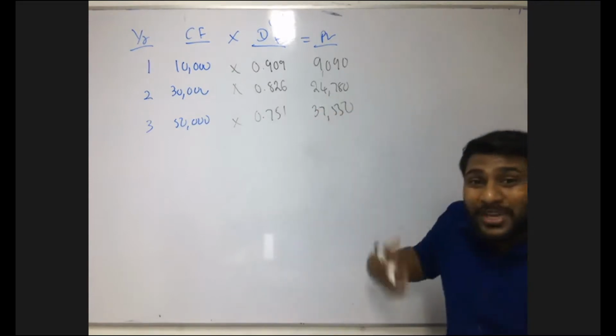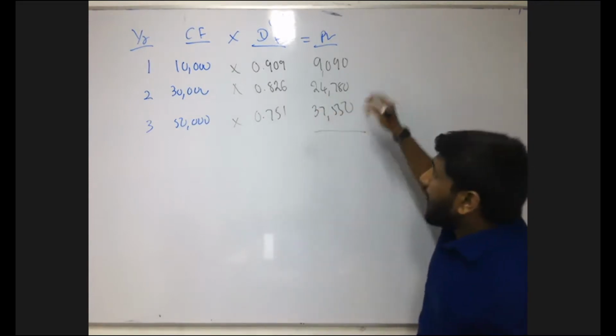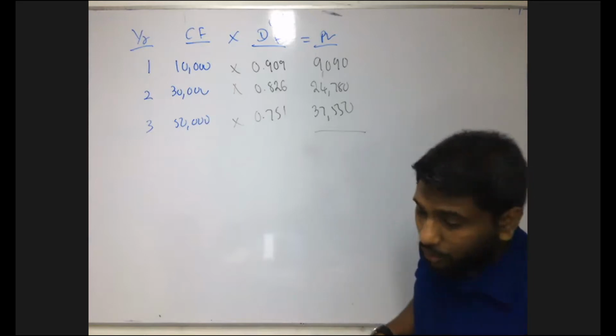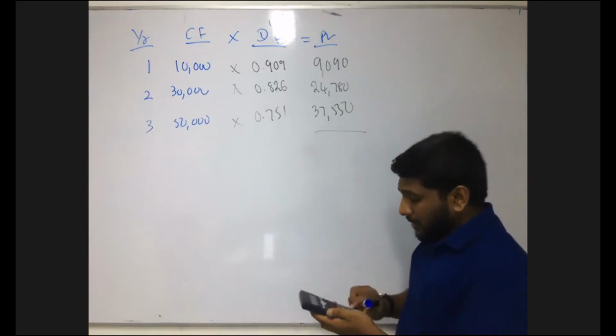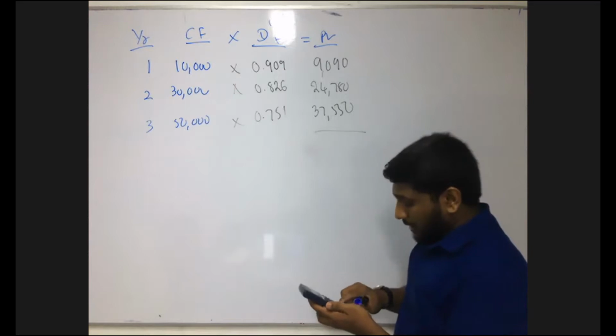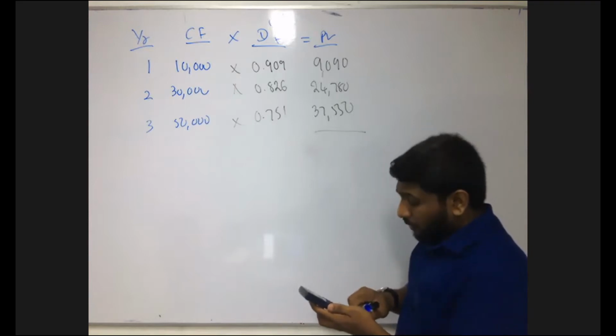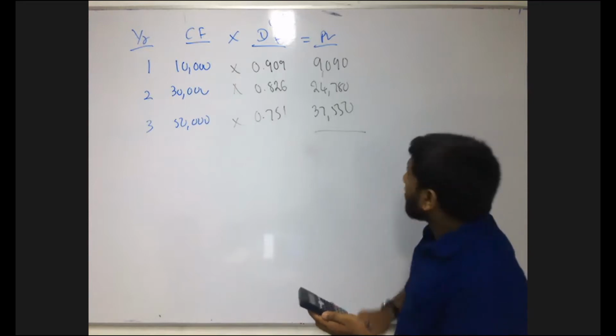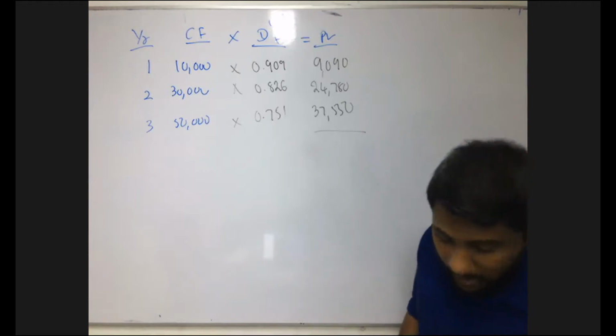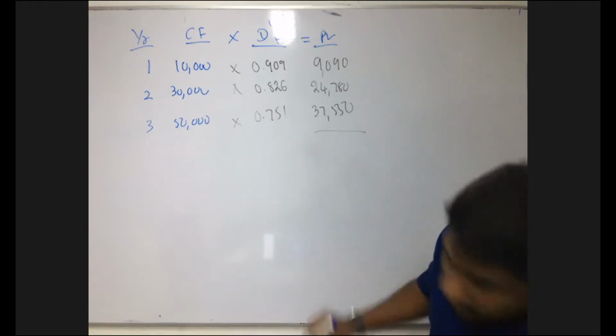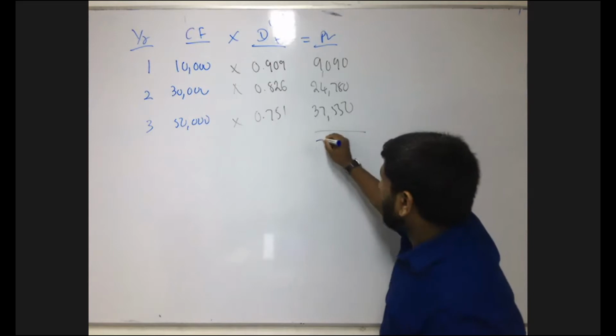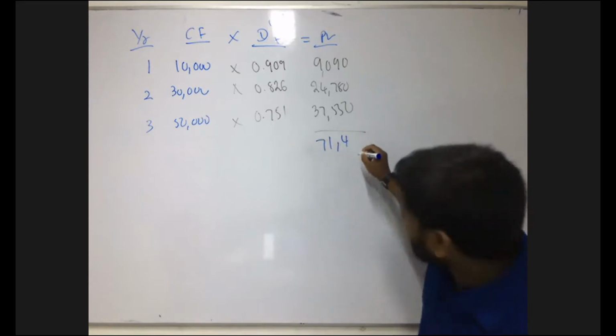Then in today's term, what is the value of the cash flows that you are going to get? Total value is how much? 9,090 plus 24,780 plus 37,550. You will get 71,420.